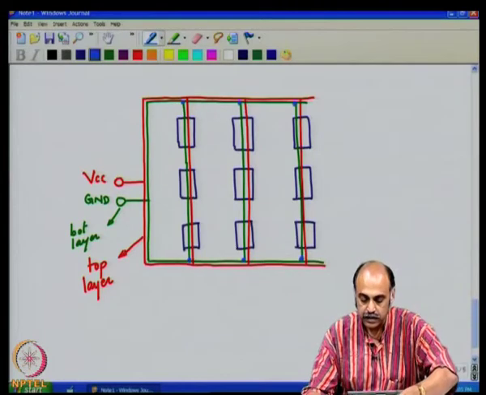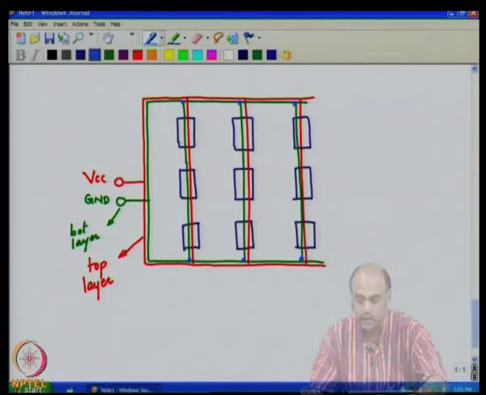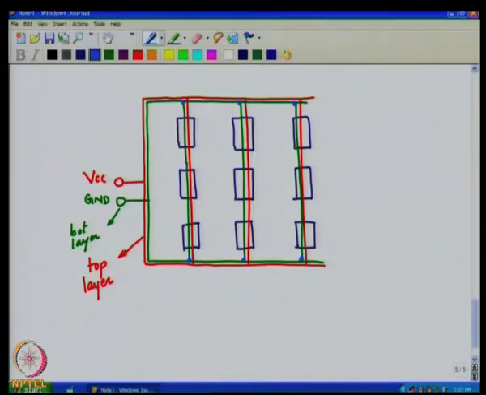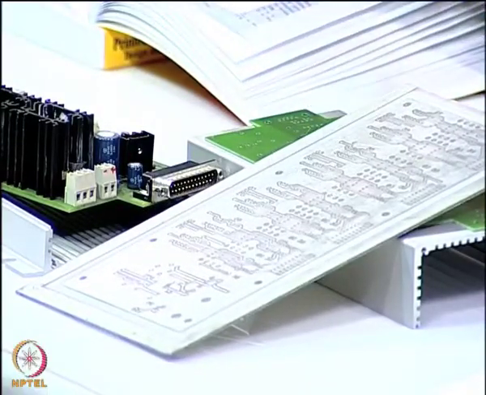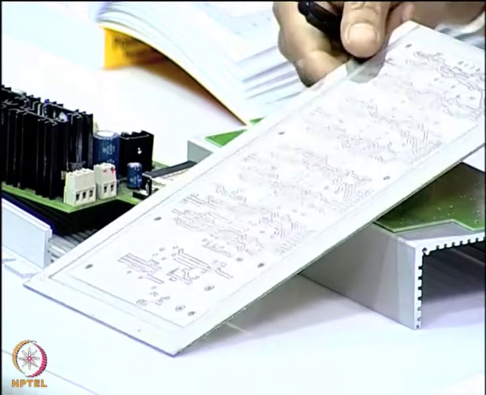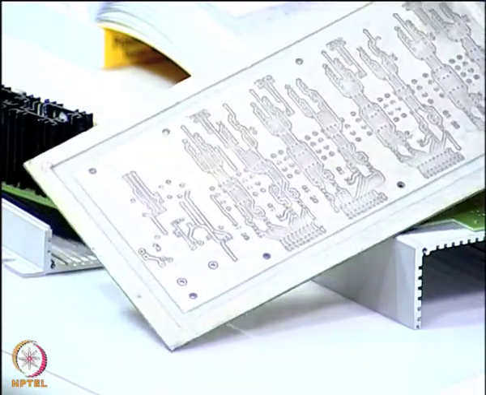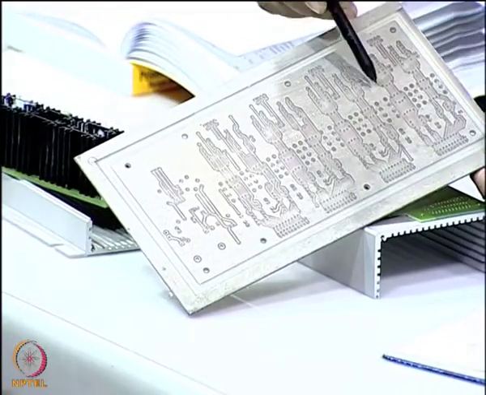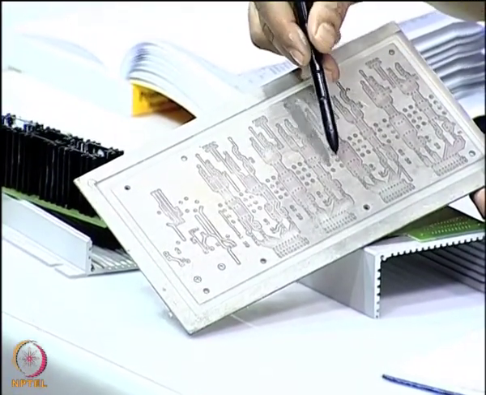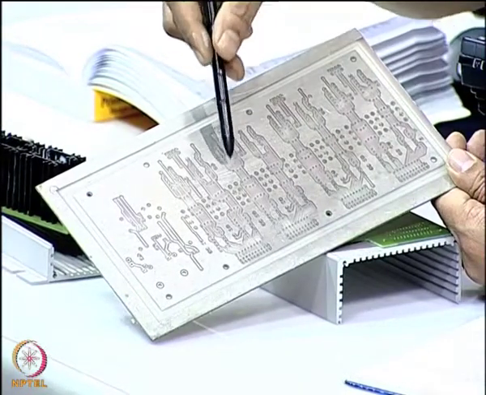In the case when you do the design, let me show you here in this particular PCB. Take the example of this particular PCB here. You see that the board, all the remaining spaces in the board are filled up with copper.